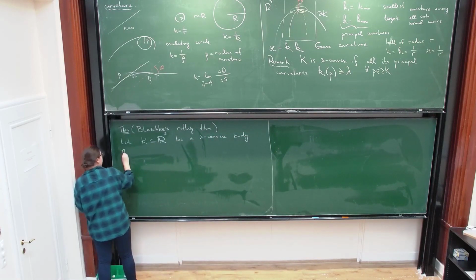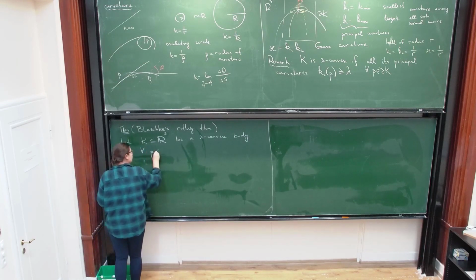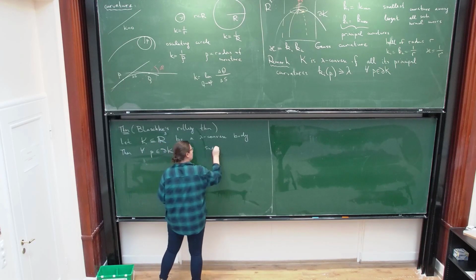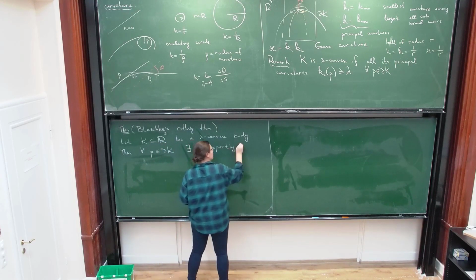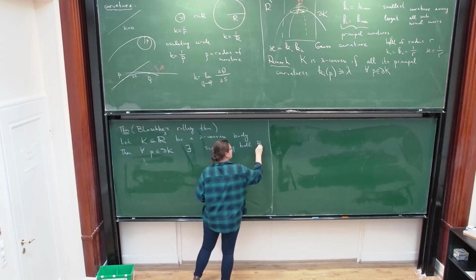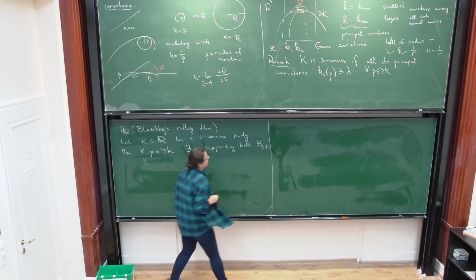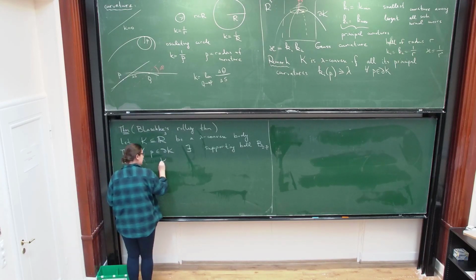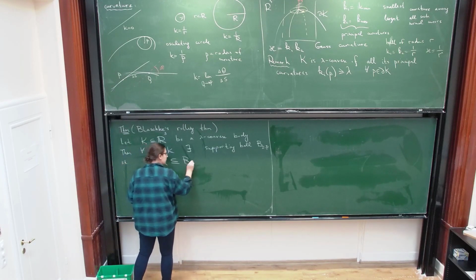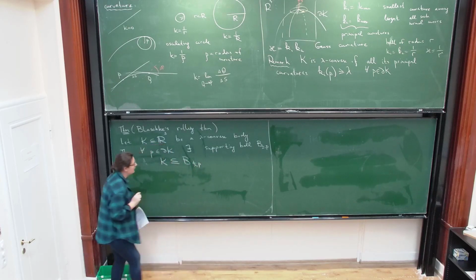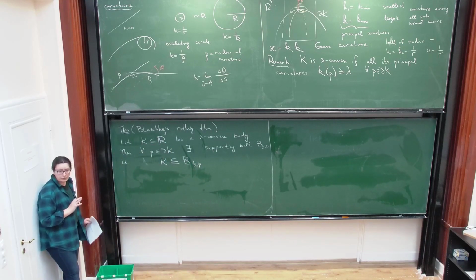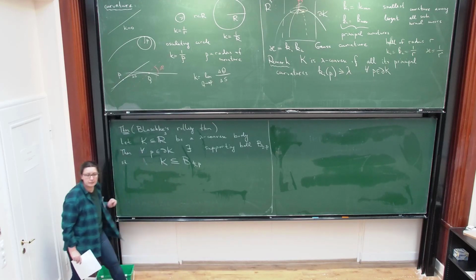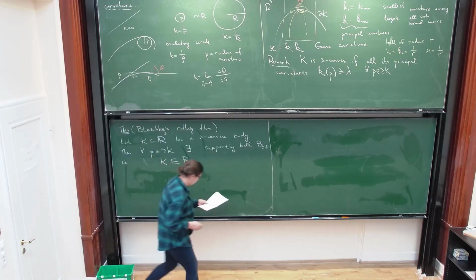Then the theorem says that for any point P on the boundary, there exists a supporting ball in the same sense as before, let me call it B of radius 1 over lambda at P, such that the body completely lies in this ball. Okay, not locally, but completely. So there is a supporting ball with radius 1 over lambda that completely contains the body.